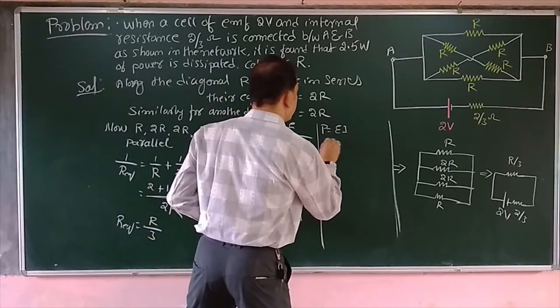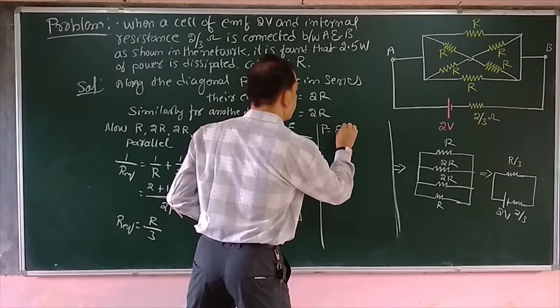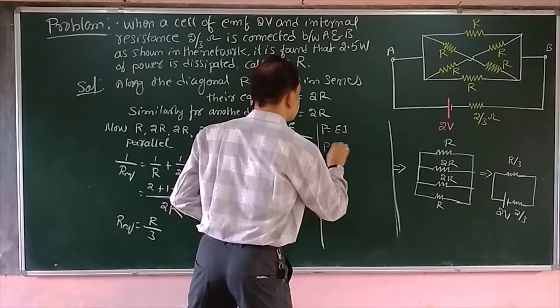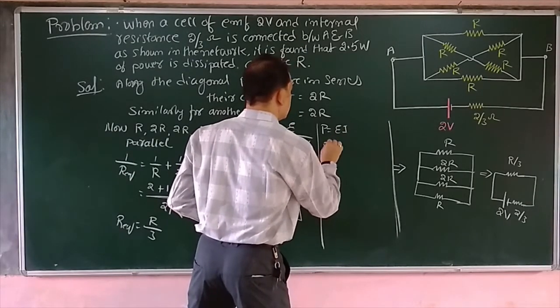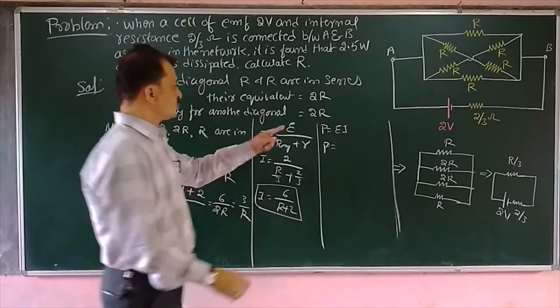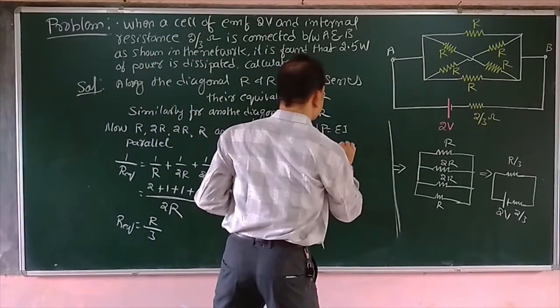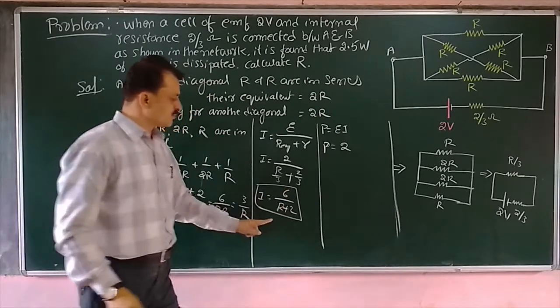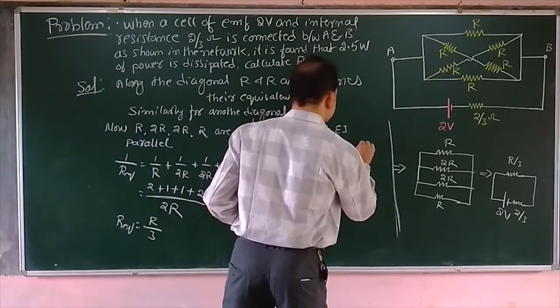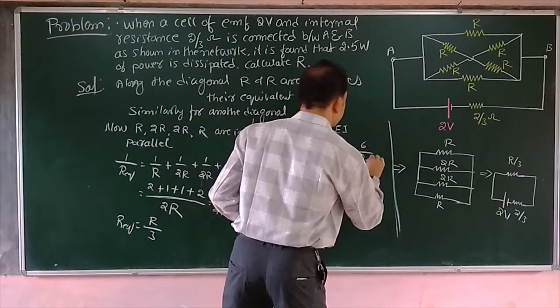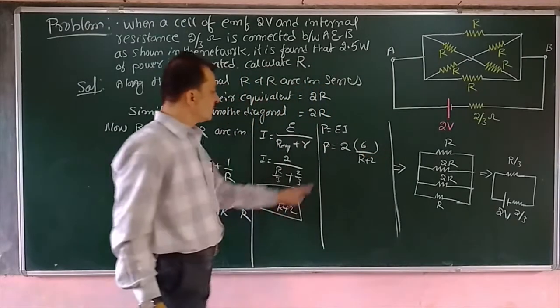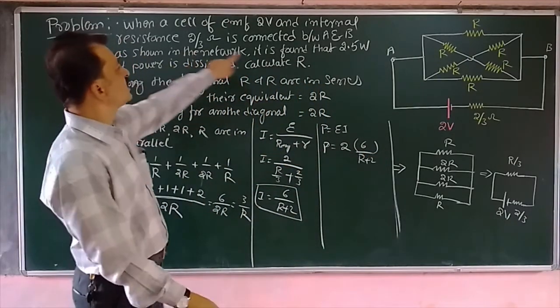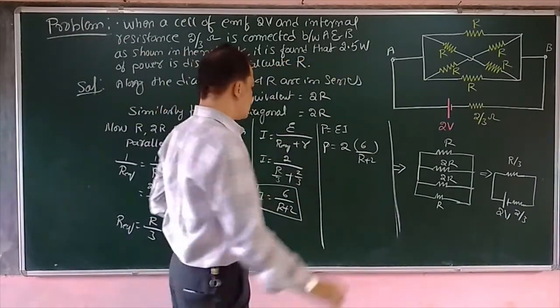So power dissipation P is equal to E is 2, given EMF is 2, and substitute the expression for current, that is 6 divided by R plus 2. Clear? Value of power dissipation is given, it is 2.5 watts.